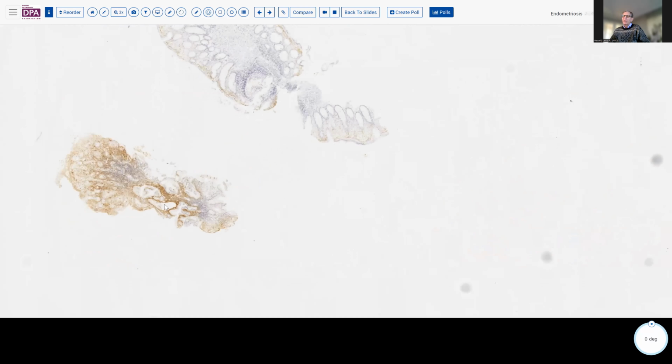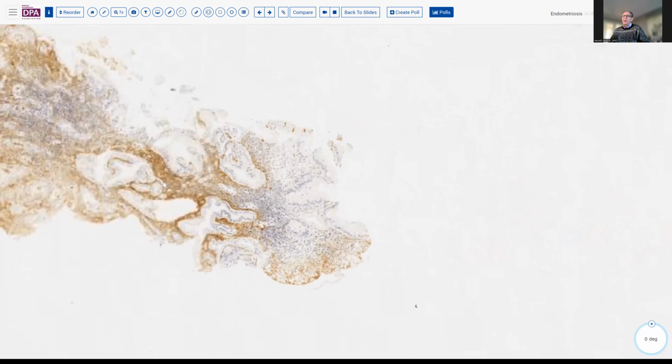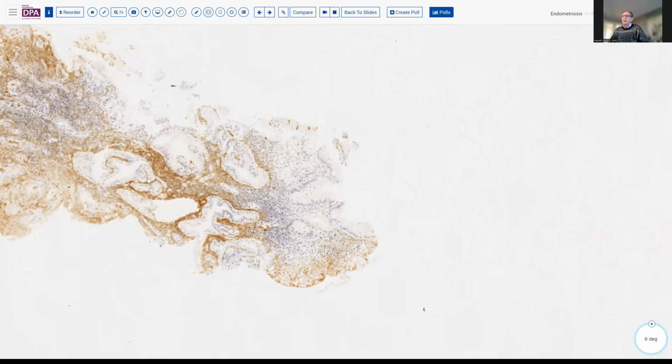But here, amongst these somewhat atypical or architecturally altered glands, we have a pretty strong reactivity around these glands that would be consistent with, in this setting, the diagnosis of endometriosis.